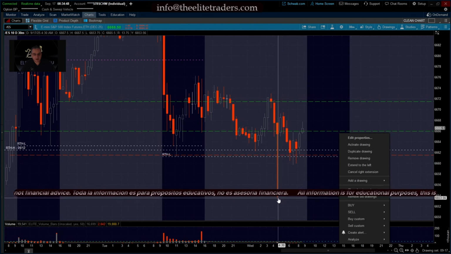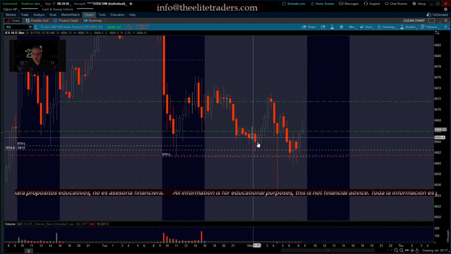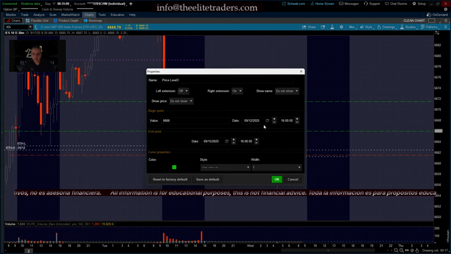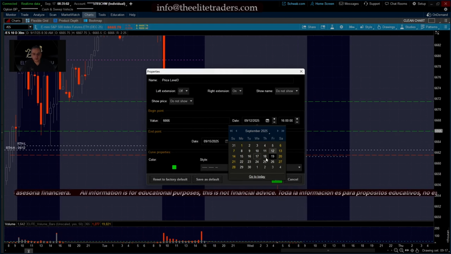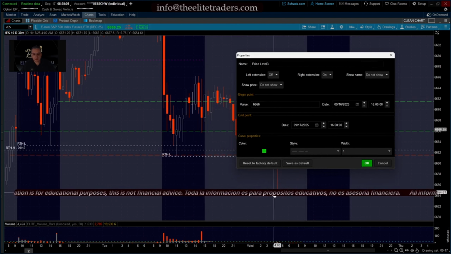This is something that happened in England, and we're going to look at the news to see what caused this spike to the downside. All right. So again, we're going to edit this one, and that's going to be the low for the 16th to the 17th, and the low is 66.53.75.